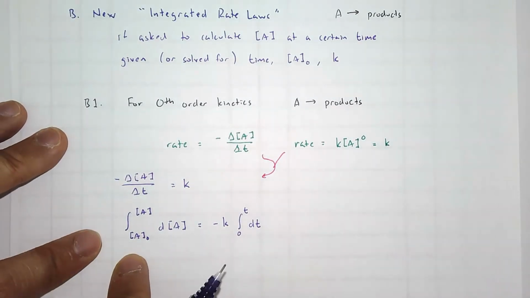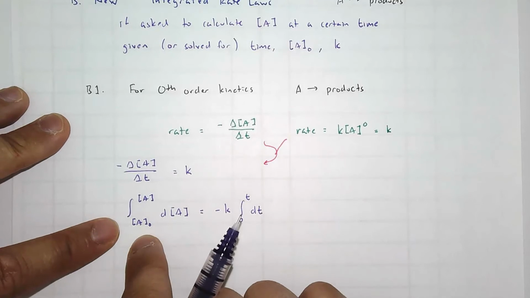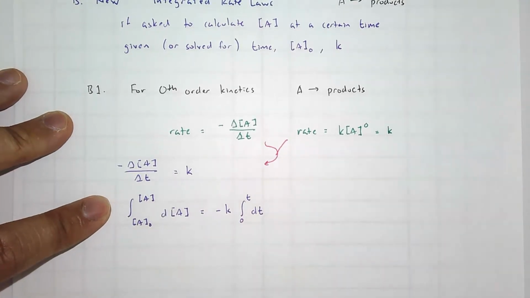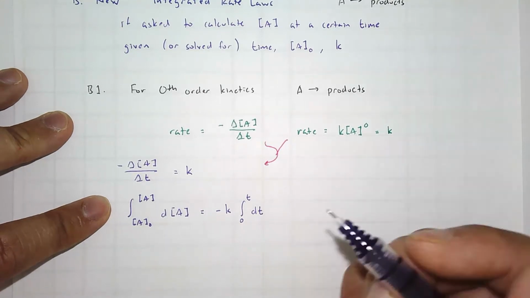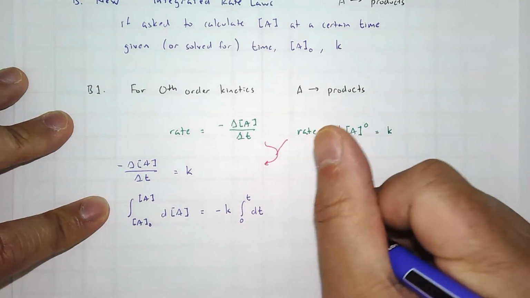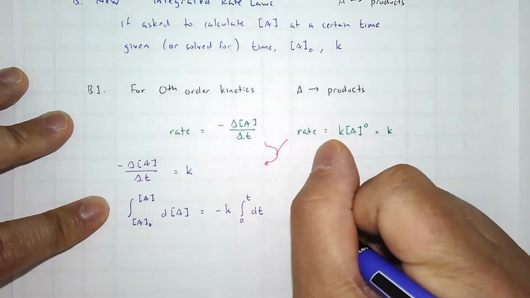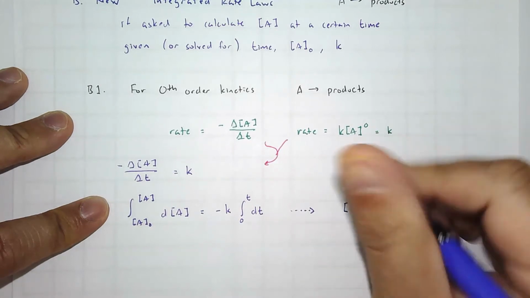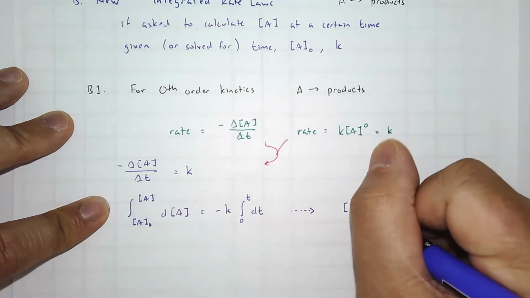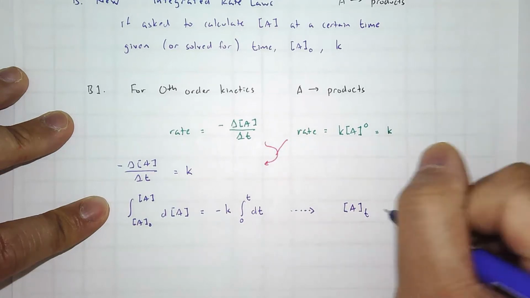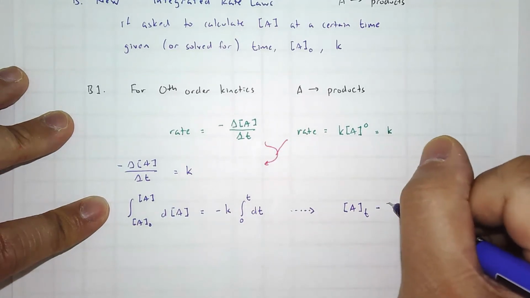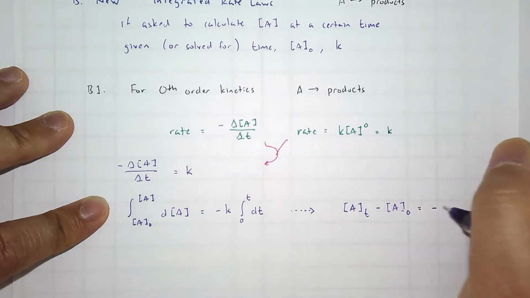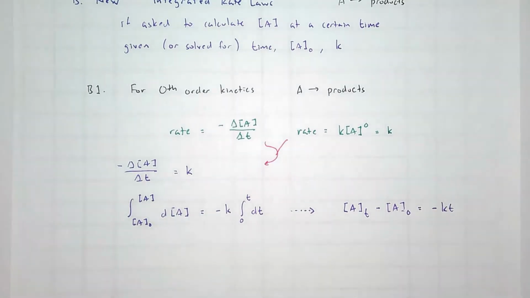We're going to integrate from initial concentration to the final, and from time 0 to time t. And what this simplifies to, when you evaluate the integral, is this. So we evaluate it, and we get concentration of A at some time t, minus the concentration of A at time 0 equals negative kt.